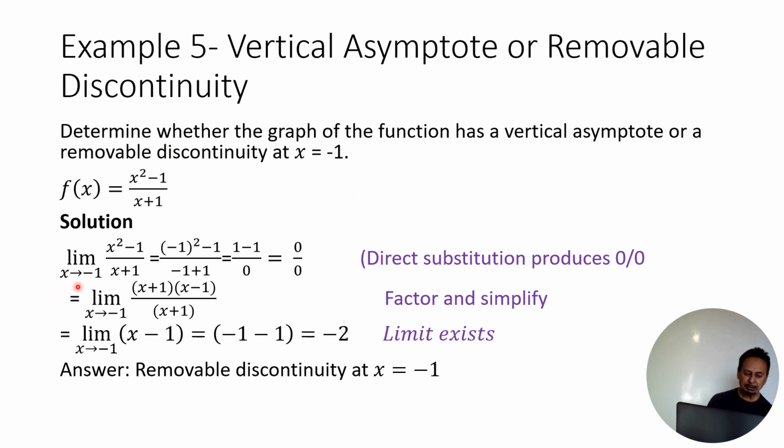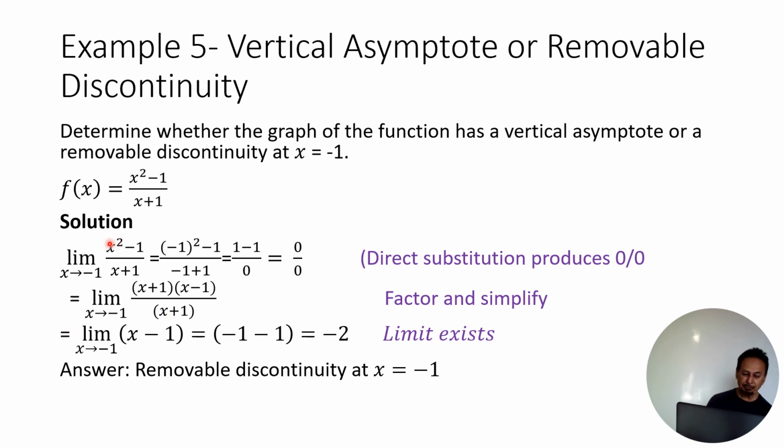We write this as the limit as x approaches minus 1 of x squared minus 1 over x plus 1. So we do direct substitution. It becomes minus 1 squared minus 1 over minus 1 plus 1. Minus 1 squared is 1, so 1 minus 1 is 0, and minus 1 plus 1 becomes 0. So we have 0 over 0.